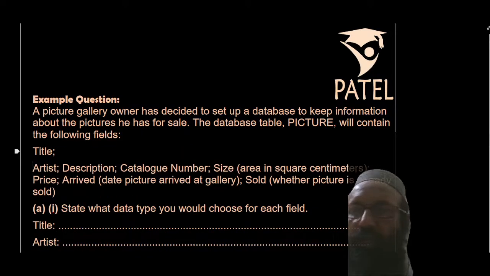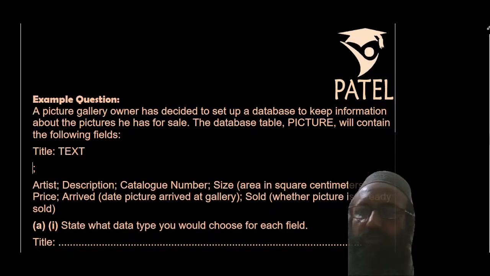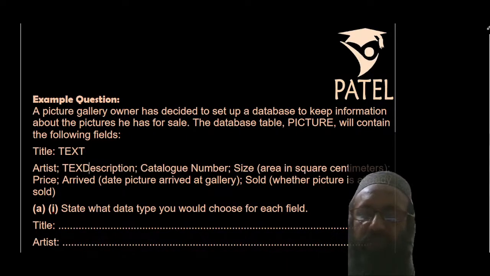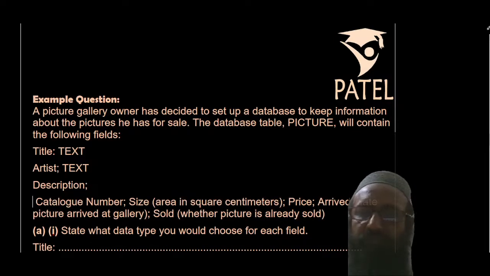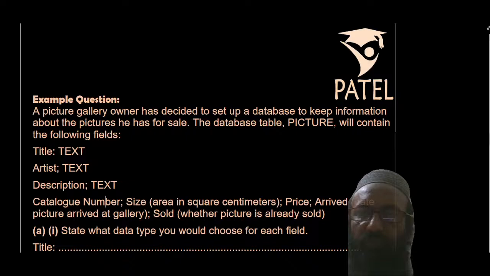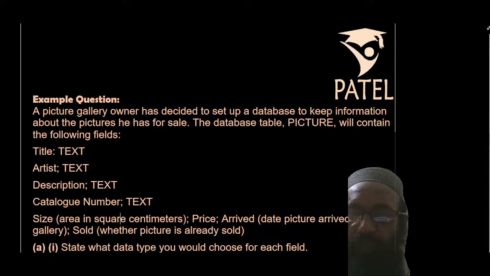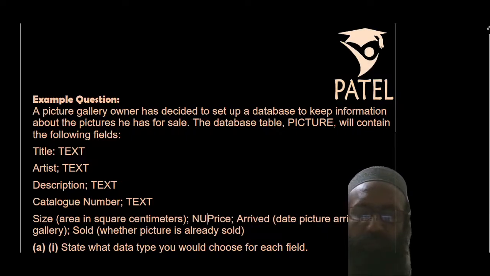Okay beta, so if we write down the title, it will be text, right? Acha, for artist again it will be text, for description again it will be text, for catalog number again it will be text. Catalog number is not used in calculation, but size in square centimeter may be used in calculation to find out the price or something, so it will be number.